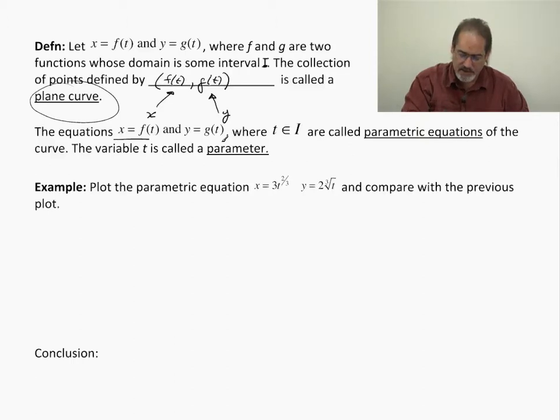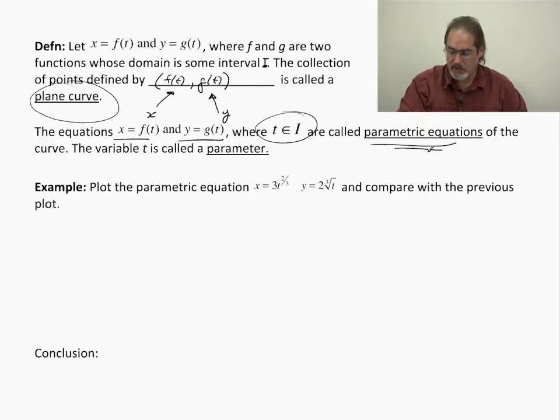The equations x equals f of t and y equals g of t, where t is in that interval, are called the parametric equations of the curve. And t is called the parameter. So very commonly we take a curve and say parameterize it, which means convert this thing from maybe rectangular coordinates to a parametric function.